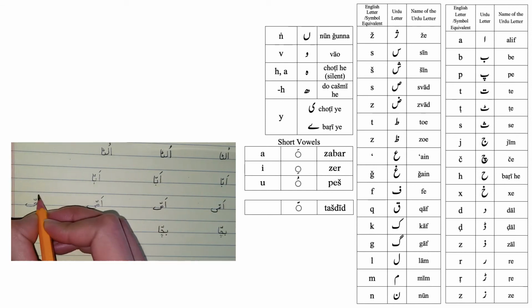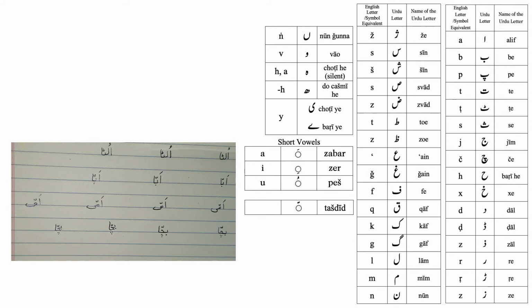Same. Zabar. And bacha? That one's a little different, right? It doesn't begin with an alif. It begins with a be. But it's ba. It's bacha. It's not butcha. It's not bitcha. It's bacha. So the zabar would go on top of be.